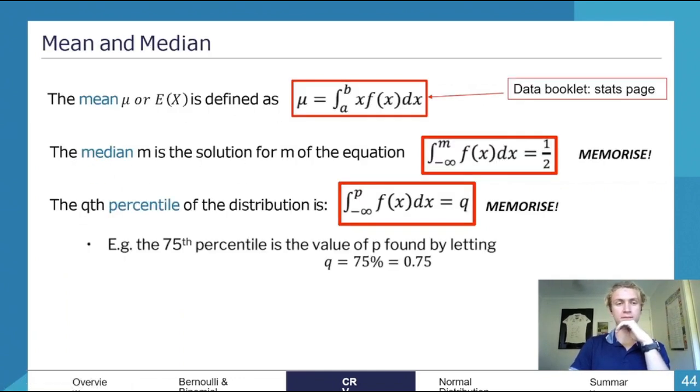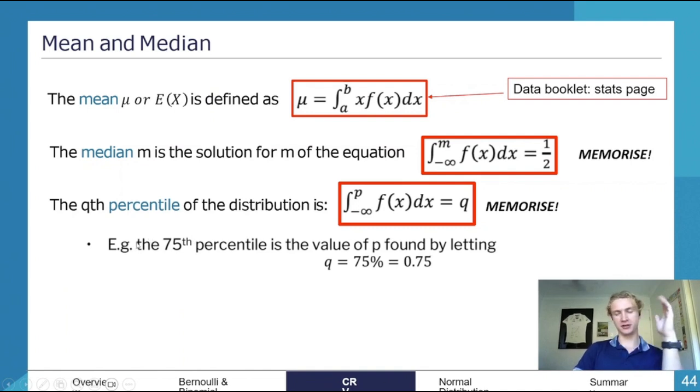Now percentile is less high yield in terms of memorization. I'd write it down anyway, but it basically tells us the percentile of the population. Write down this formula for the Q percentile, and then we just sub in Q when it's given.